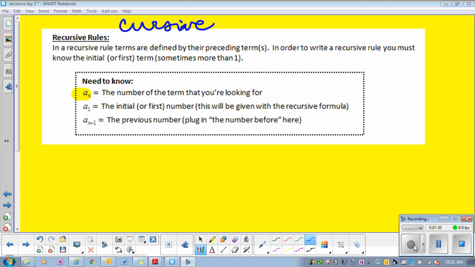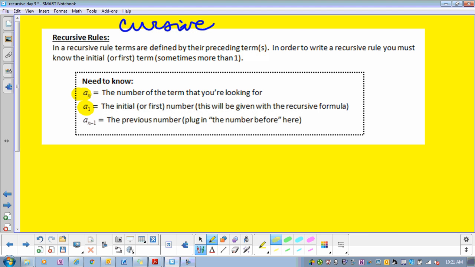And then a sub 1 right here, well, that's the initial number in your line, or the first one, okay? The reason why I have the little 1 down at the foot and not n is because it's first place in line. Does that make sense? And this a sub n minus 1 with the little n minus 1 in the foot is talking about the number right before, all right?